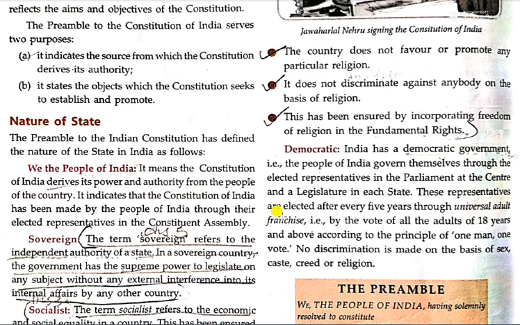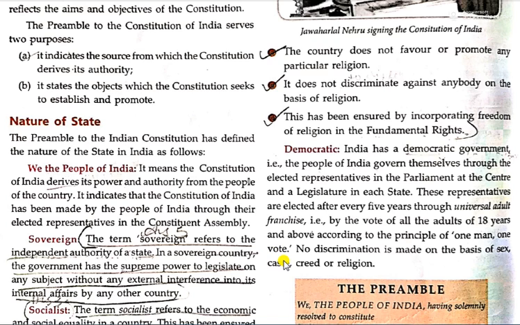These representatives are elected every 5 years through a universal adult franchise, that is, by the vote of all the adults of 18 years and above, according to the principle of one man, one vote.